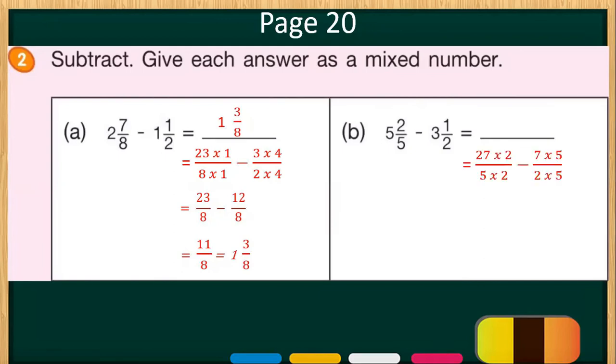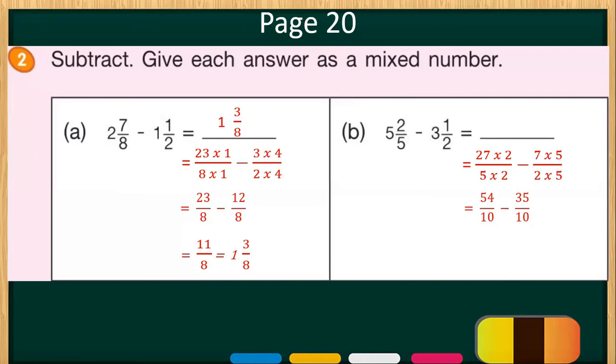Next, letter B. We have 5 and 2 over 5 minus 3 and 1 over 2. Okay, so 27 times 2 over 5 times 2 minus 7 times 5 over 2 times 5. 54 over 10 minus 35 over 10. 54 minus 35.